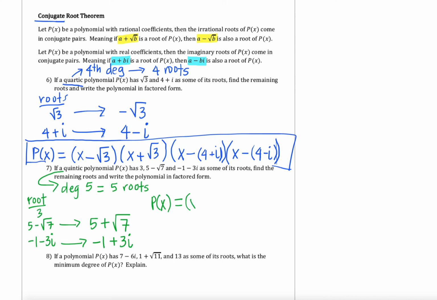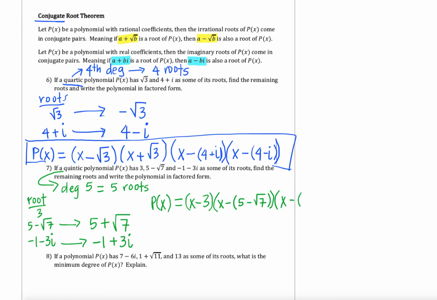So our factored form, if 3 is a root, x minus 3 is the factor. If 5 minus the square root of 7 is a root, then x minus, in parentheses, 5 minus the square root of 7. We'll have to do that for the next 3 as well.